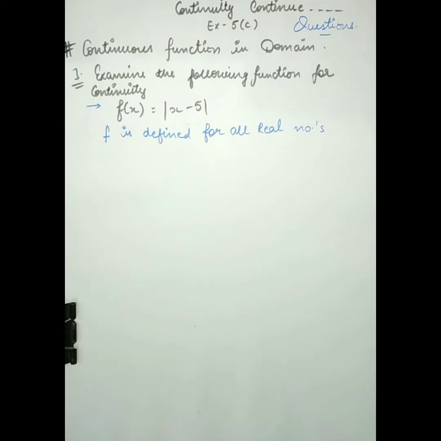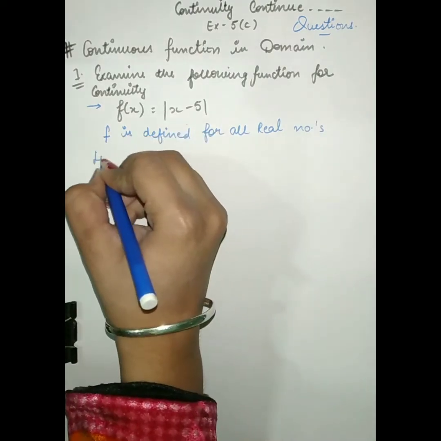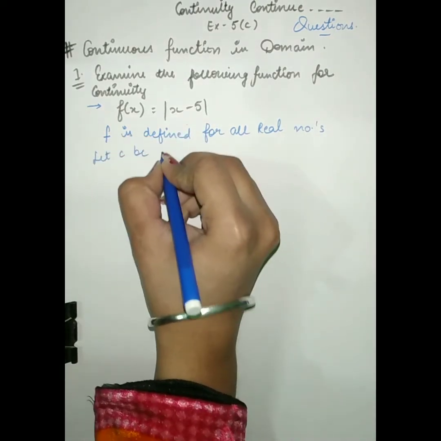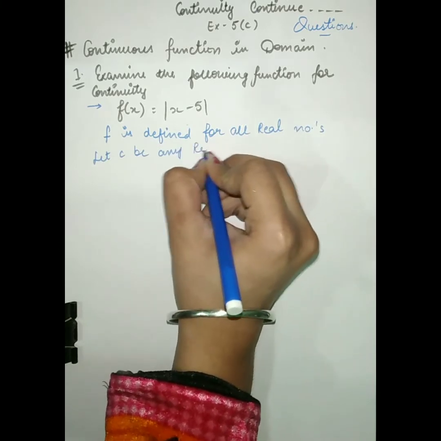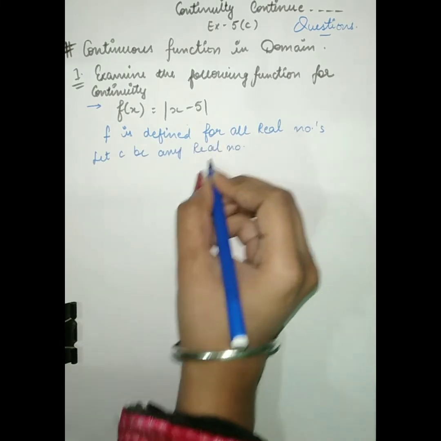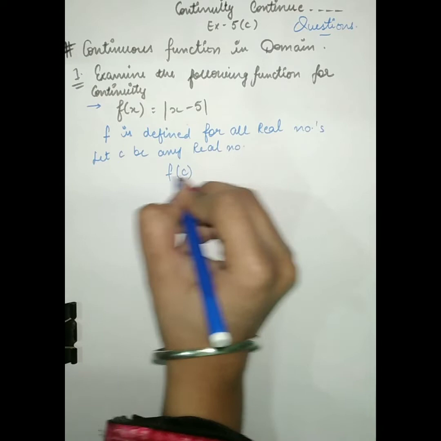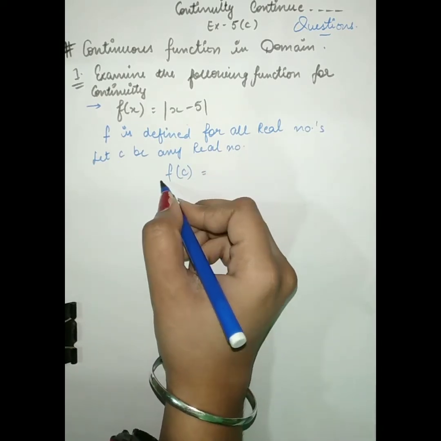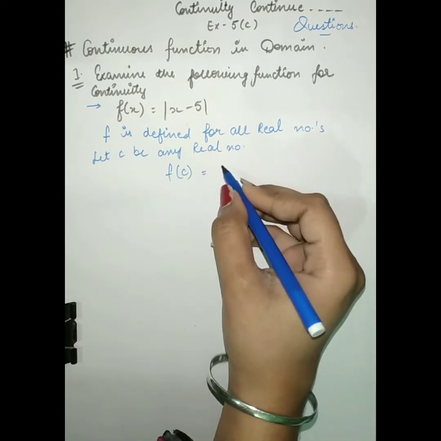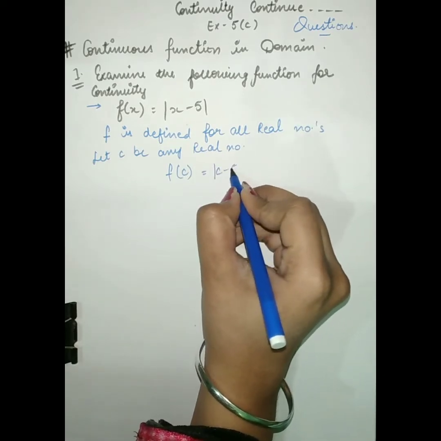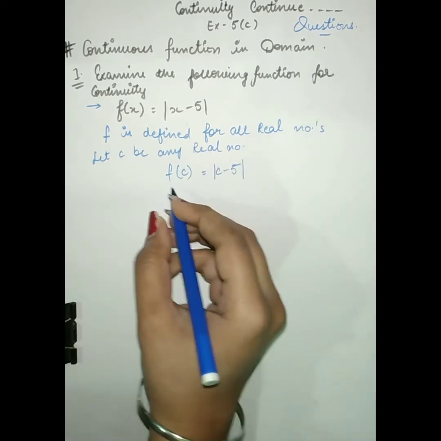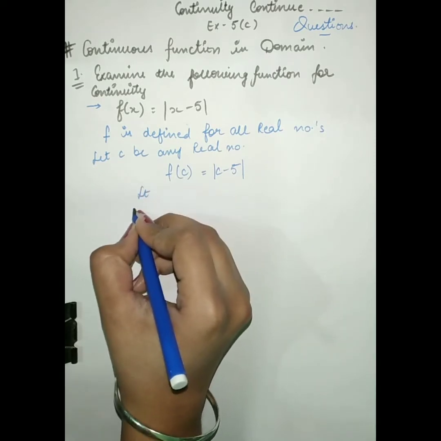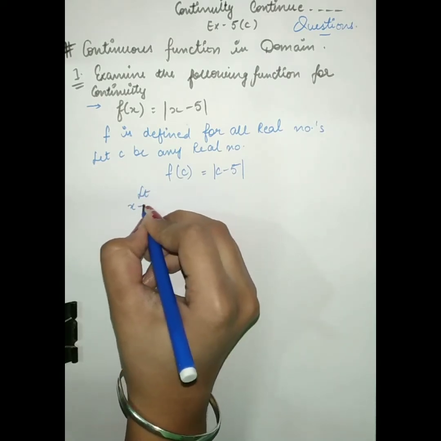Then let c be any real number. Then f of c will become, that means x will be equals to c, function at x equals c will be equals to mod of c minus 5. Now we have to take the limit x approaches to c.